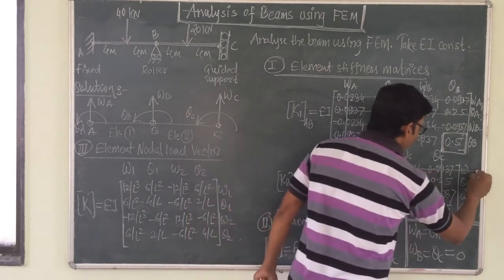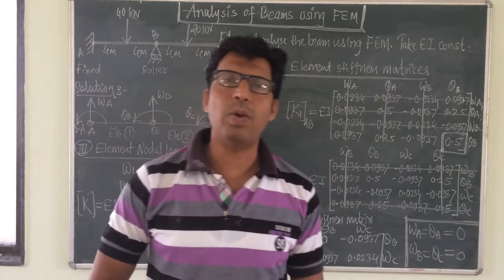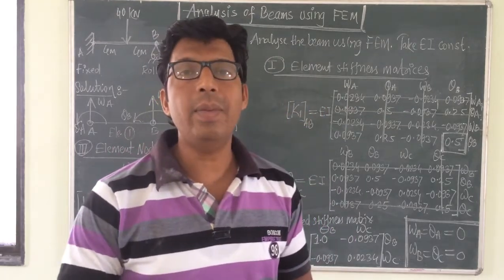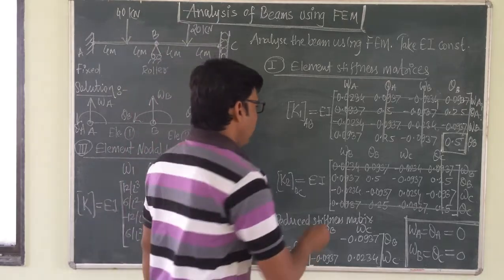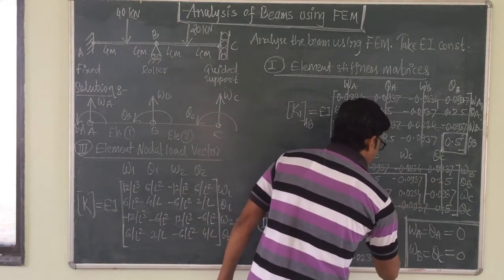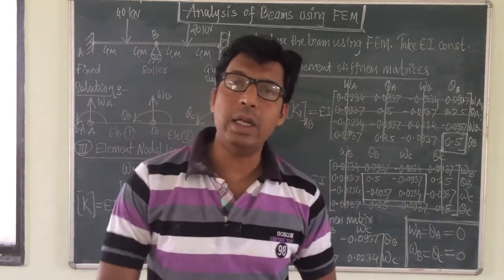Similarly, first row and last row. So rows and columns corresponding to WB and theta C will be eliminated. So the remaining elements are elements corresponding to our final unknowns.